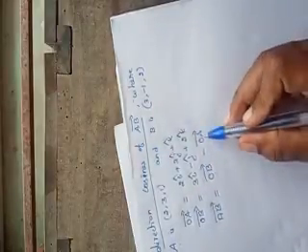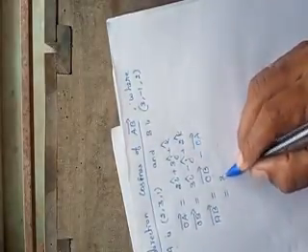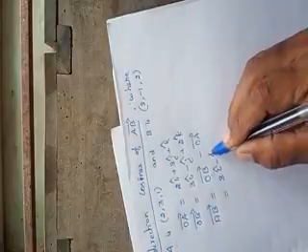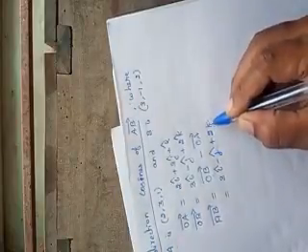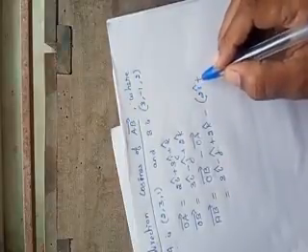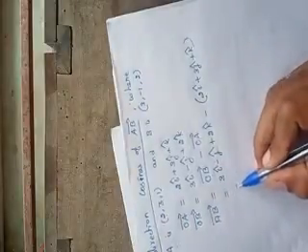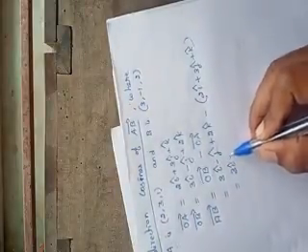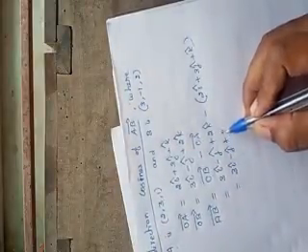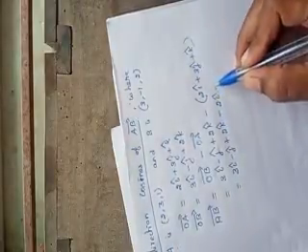Okay, substitute the values. 3 i cap minus j cap plus 2 k cap minus, 2 i cap plus 3 j cap plus k cap. Just give the minus inside: minus 2 i cap minus 3 j cap and minus k cap.